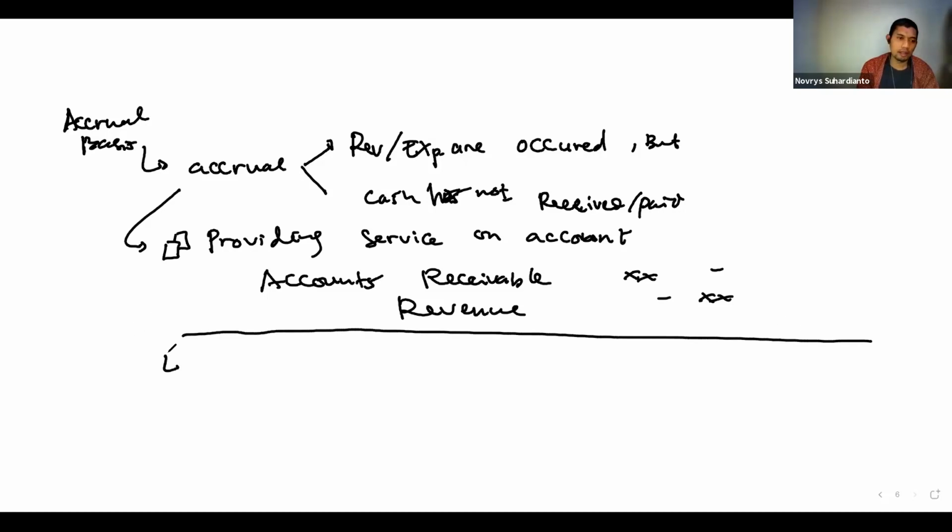Another example is consuming service on account. So the company already consumed the service from the supplier or from the labor, but the cash is not paid yet.